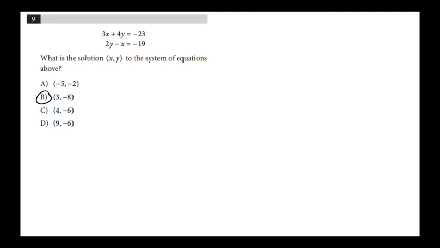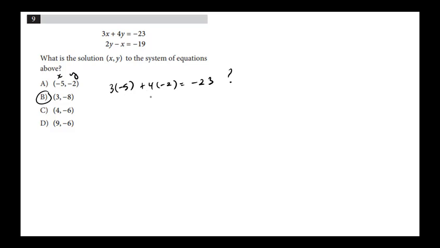Okay, you could also probably do this problem by trial and error. This is the x value, this is the y value, and it has to work for each equation. So if you sub in minus 5 here, you get 3 times minus 5 plus 4 times minus 2 equals minus 23. Is that true or not?